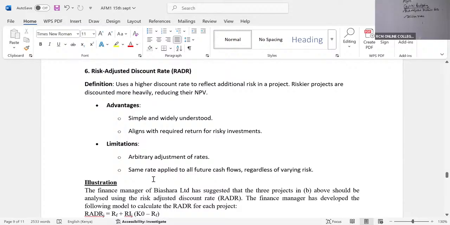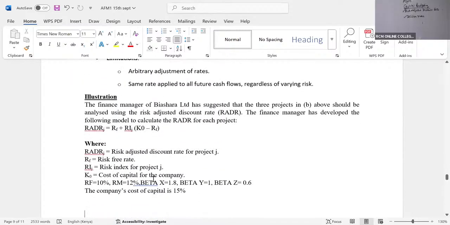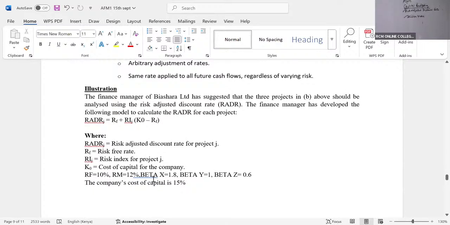I'm looking at this illustration, and of course I'll share the handout with you in a few minutes. You're told the finance manager of Biashara Limited has suggested that the 3 projects in B below should be analyzed using the risk-adjusted discount rate.